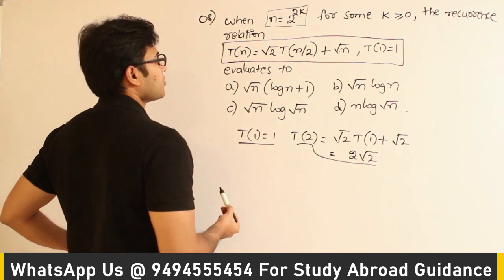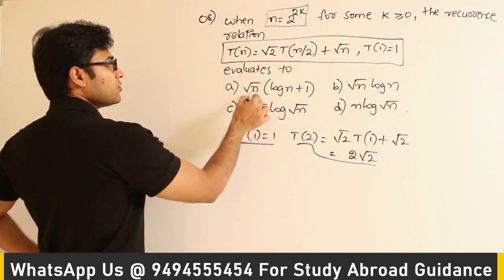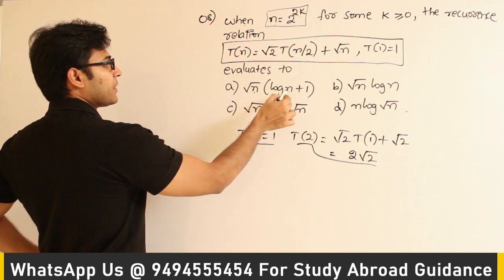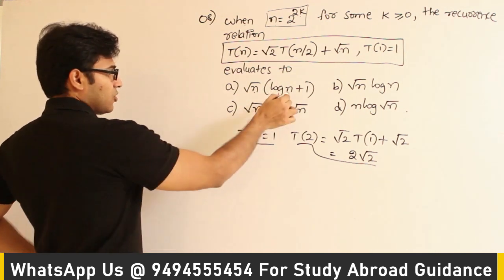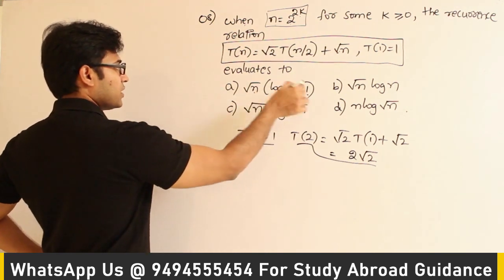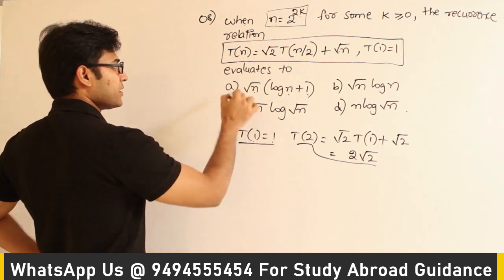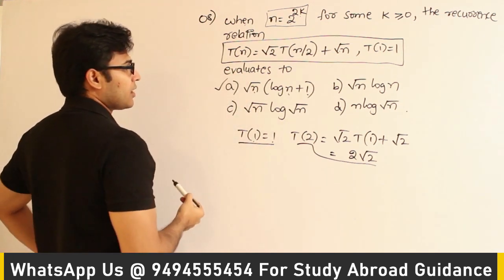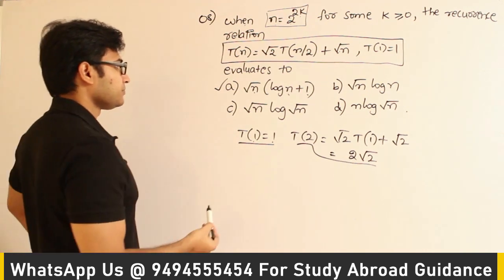Now let's try to put n equal to 1. If you put n equal to 1, what do you get here? It is going to be root 1 and log 1, this log means it is base 2, log 1 is nothing but 0 and here it is 1, so totally it evaluates to 1. Therefore t of 1 equal to 1 is satisfied by option A. But then let's see if there are any other options which satisfy it.